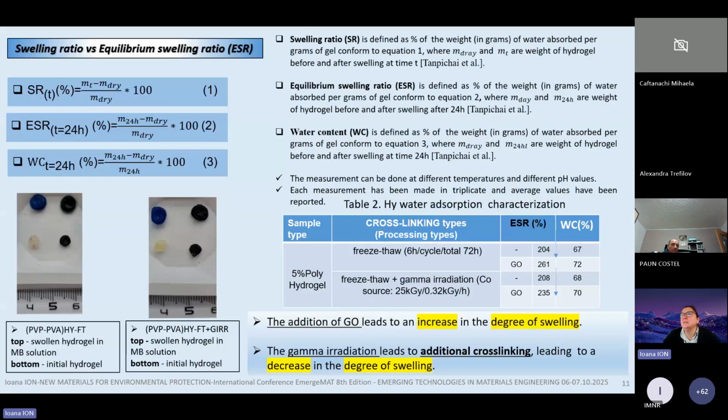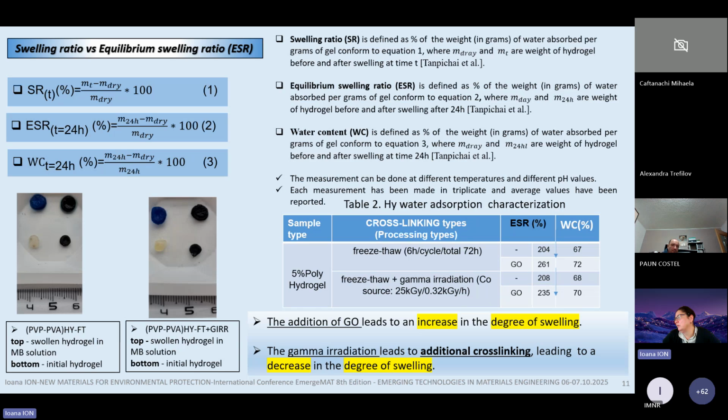Swelling ratio and equilibrium swelling ratio are the most important characteristics of the hydrogel, of course, which give information about the water content and swelling properties, and they increase with the addition of graphene oxide.